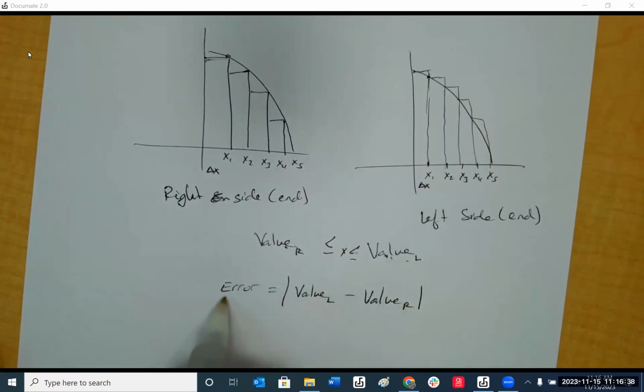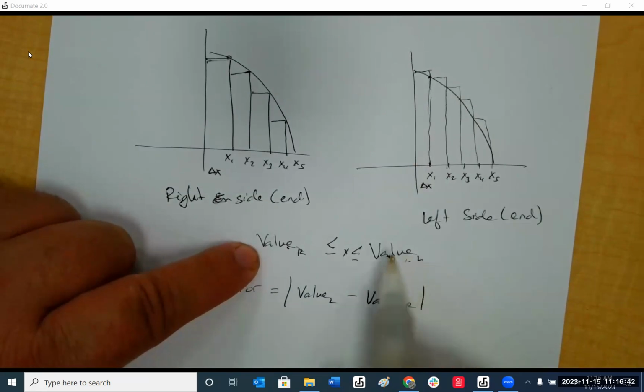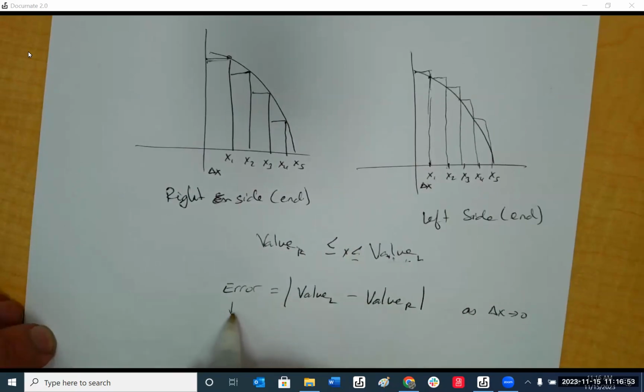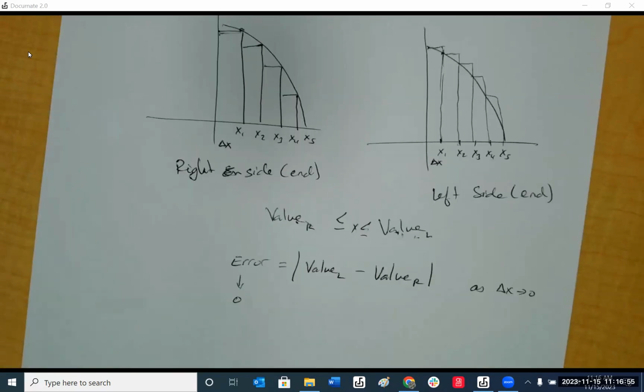But it all depends now on the error factor. The farther these are apart, the more iffy is the area. So as our delta x's go to 0, this becomes smaller, so eventually our error goes to 0.